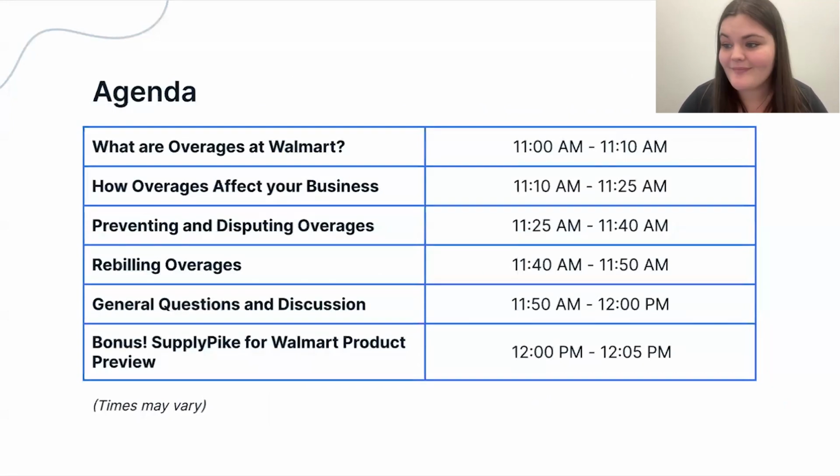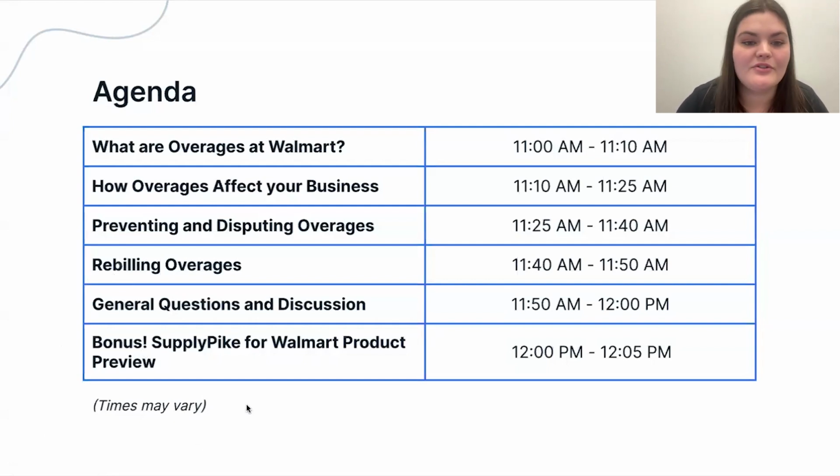So moving on to the agenda, we have a packed one for this hour. We are going to start off the content portion by doing an introduction to what overages at Walmart are, where they stem from, and why they occur. We will go over how overages may be affecting your business. This is where we will be taking a look at areas like OTIF, SQEP, and short shipping deductions.